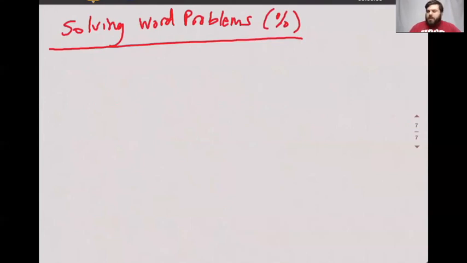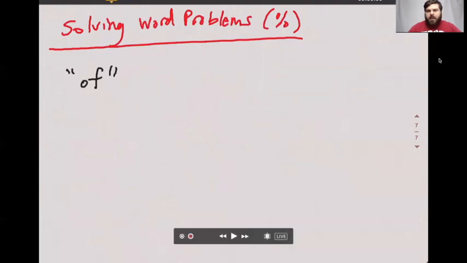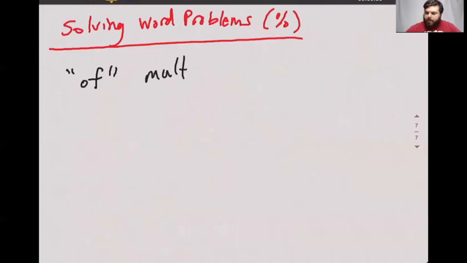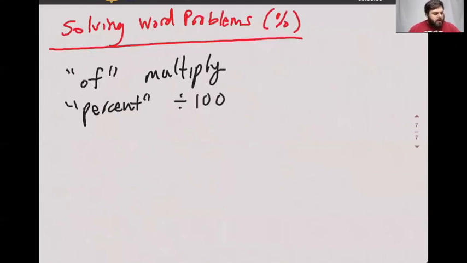So first off, you've got to just know the language, okay? The basic language is this: the word of means multiply. When you see the word of, you've got to remember ding, ding, ding, that's multiply. All right, when you see the word percent, you've got to immediately connect that to mean divide by 100, okay?